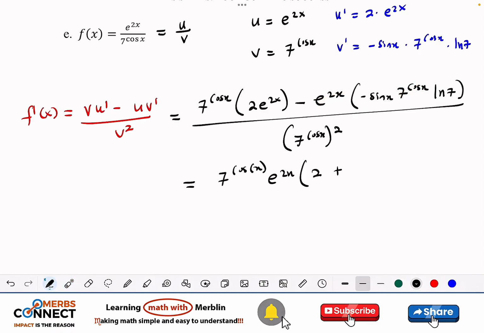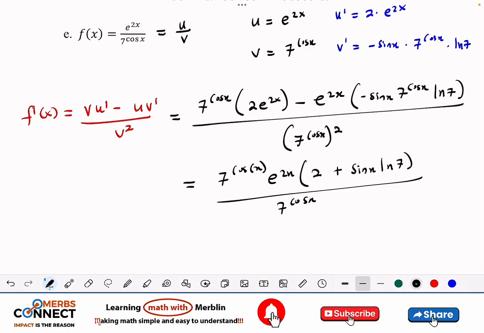So I factor this one out. It will be left with sine x natural log of 7 divided by, this means that we have it squared. So this is like 7 cos x times 7 cos x, right? So one of them will cancel.